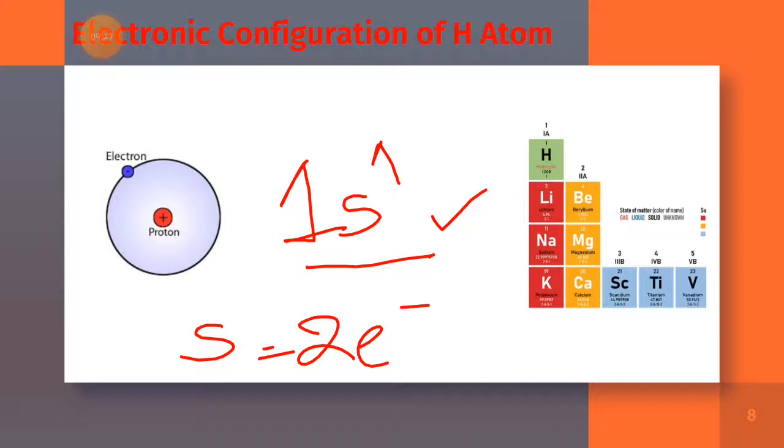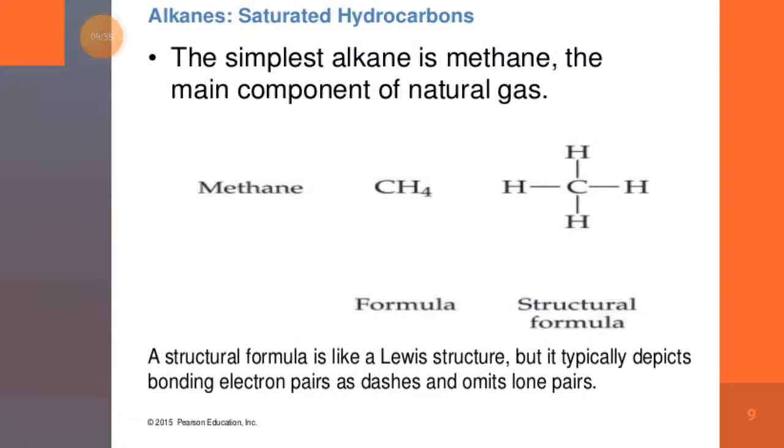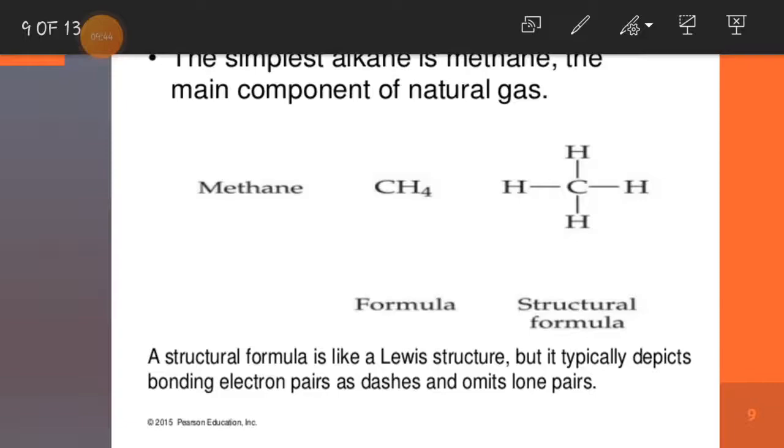So now let's move towards drawing the electron dot and cross structure for alkanes. The simplest alkane is methane, which is the main component of natural gas. For methane, CH4 is its molecular formula, and the structural formula for methane is drawn as shown here.